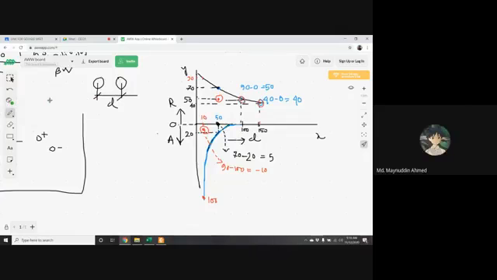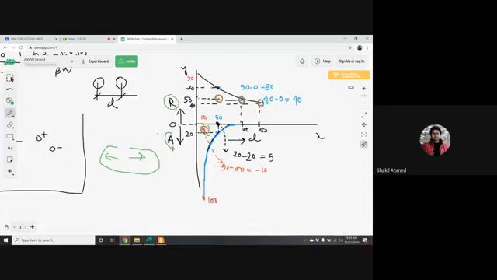Now, if you connect these points, you will get the resultant force, because here two forces are acting together. You have to take the resultant, positive and negative, in opposite directions. One is repulsion, one is attraction.